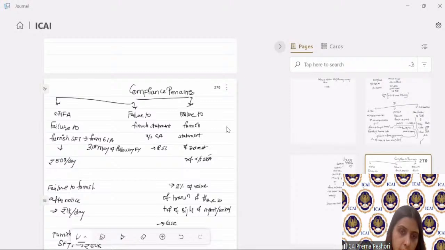Else the penalty is rupees 5 lakh. Is that clear? Else the penalty is going to be rupees 5 lakh. Clear?